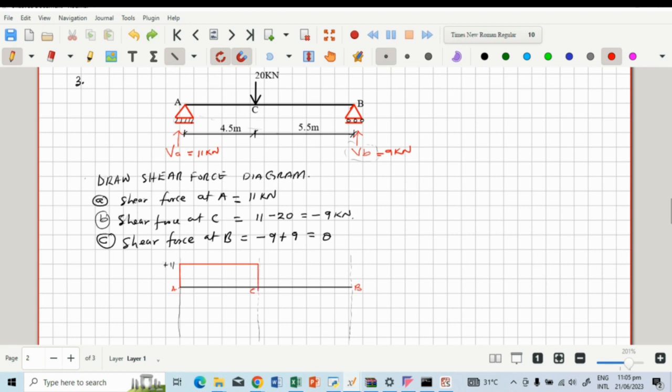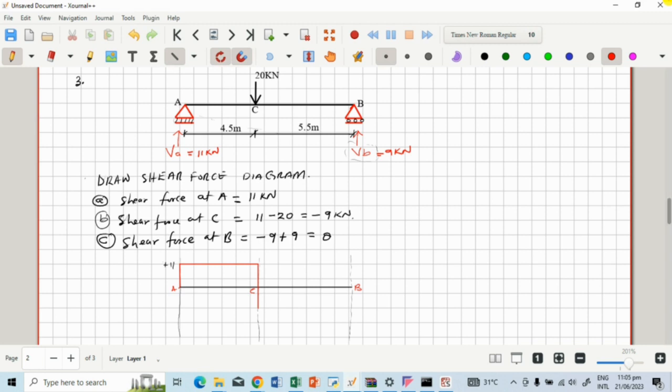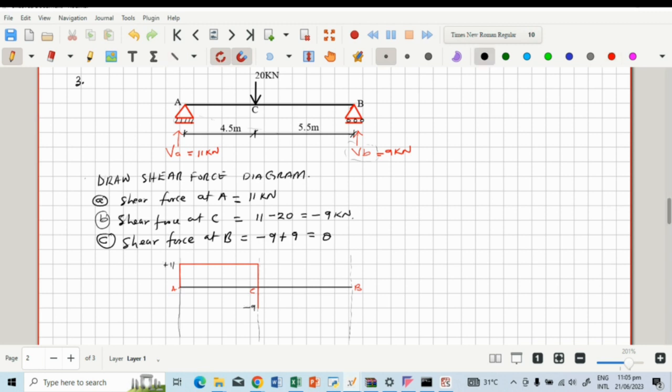So we'll come down to minus 9 kilonewton. And then from there, the shear force remains constant till we get to B. Then the shear force at B, we calculated it to be 0. Right, so this way, and this will also be minus 9, and this will be 0.